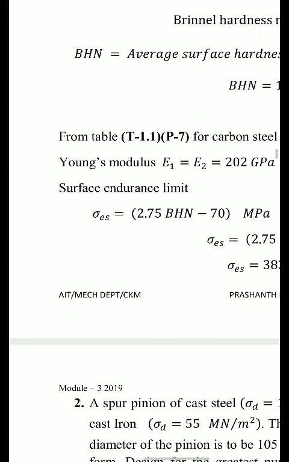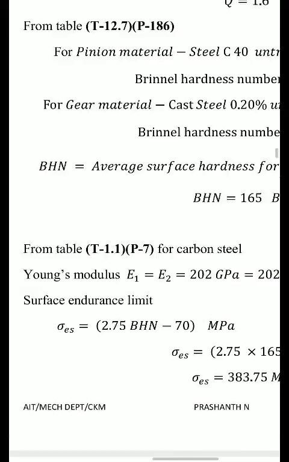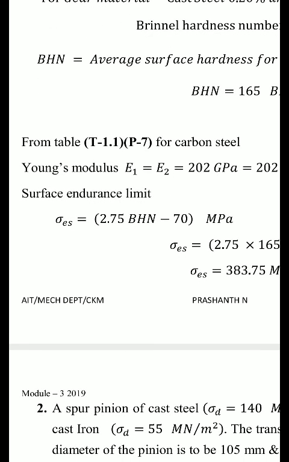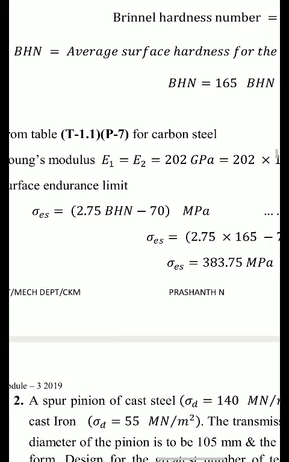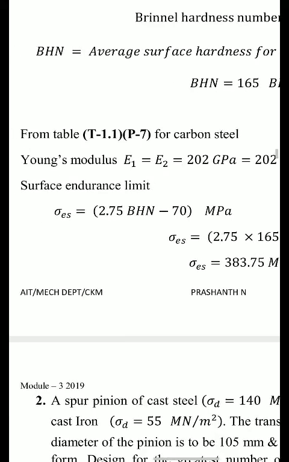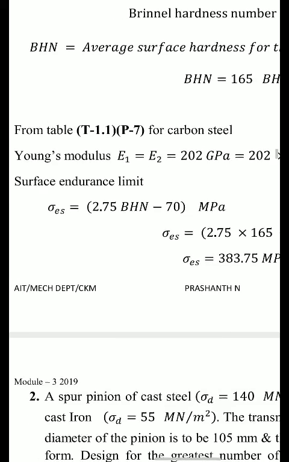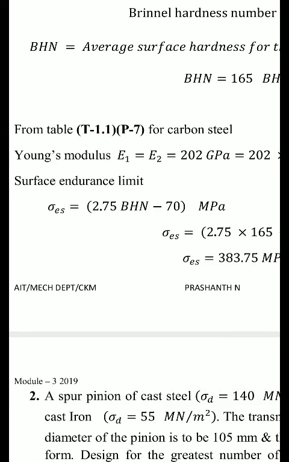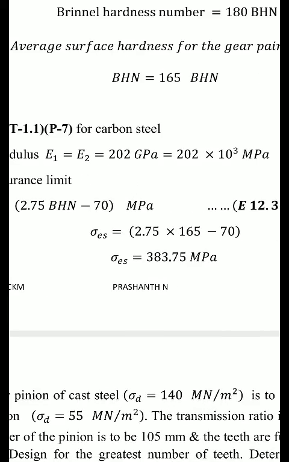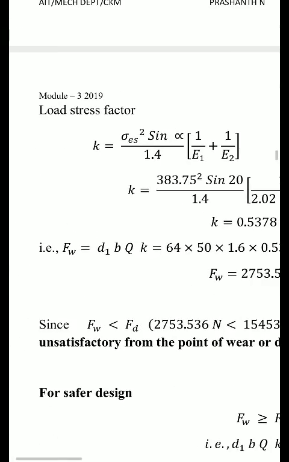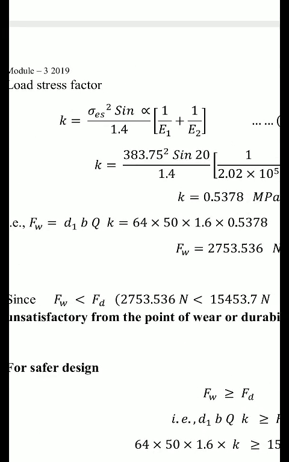From table 1.12, page number 7, for carbon steel, Young's modulus is 202 gigapascal and endurance limit is 2.75 BHN minus 70. Find out the endurance limit. Next, the load stress factor. Take down the equations.